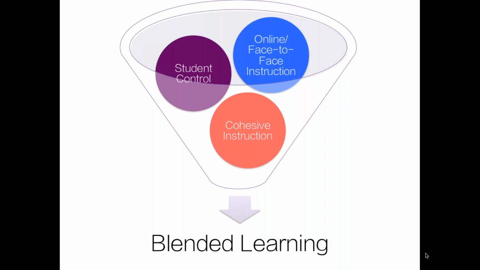First, it is any formal education program in which a student learns at least in part through online learning, in part in a brick-and-mortar location. Second, there is some element of student control over time, place, path, and/or pace. Third, what students learn online and at the brick-and-mortar location must provide an integrated learning experience.